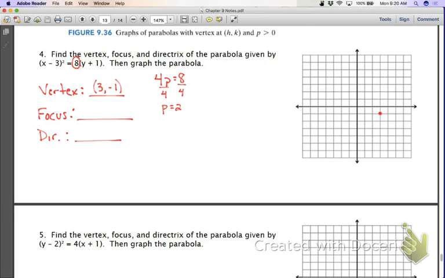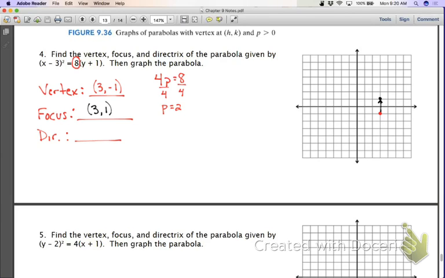Now, it's going up, but that doesn't mean it's going to be at 2. That means from my vertex I'm going up 2. So where's the actual point for my focus? (3, positive 1).